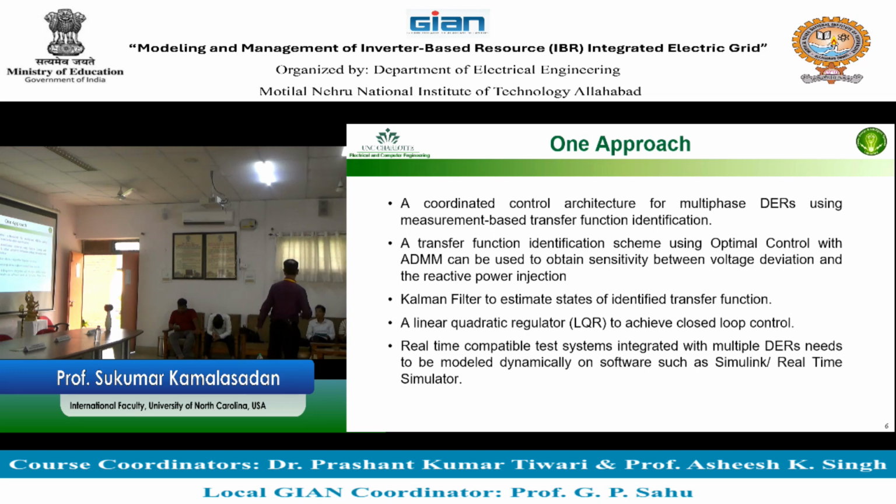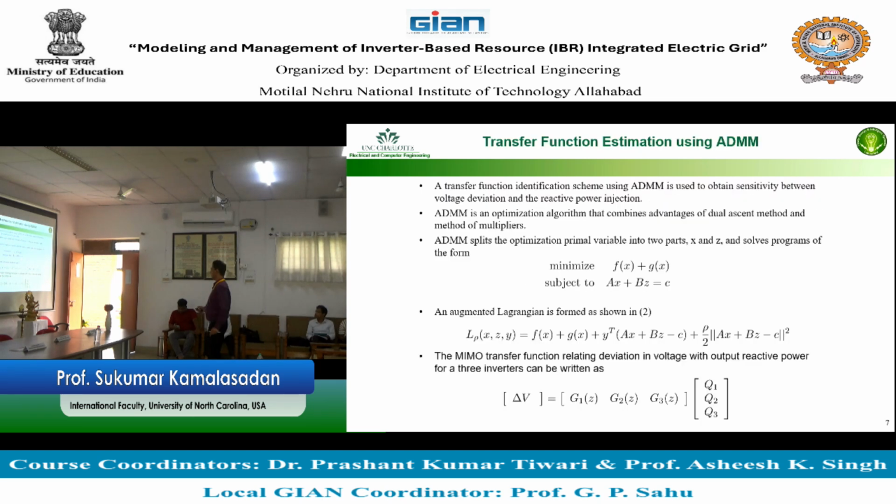That's the first thing. So you take an objective function in transfer function form, and you minimize the objective function with the help of a transfer function which relates voltage and reactive power. In this case, what we are considering is 3 inverters, large inverters where you can control reactive power.